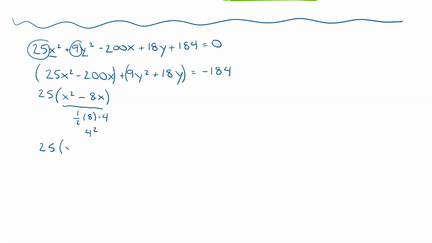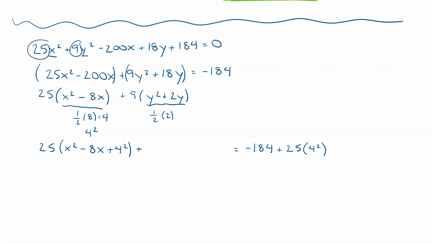So I have 25 times x squared minus 8x plus 4 squared plus, leave a bit of room, equals negative 184 plus, and I'm not just adding 4 squared, I'm adding 25 times 4 squared. Now I come back, I'm going to factor out the 9 and complete the square on the y's. 1/2 of 2 is 1, square it, and I add that to both sides.